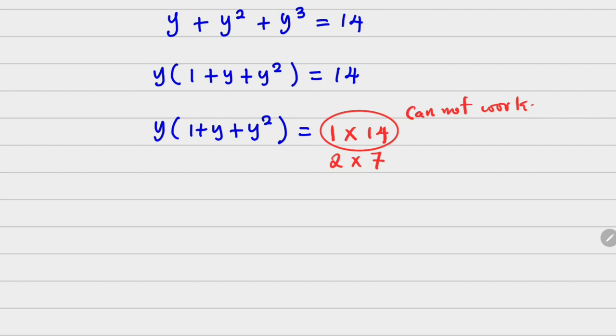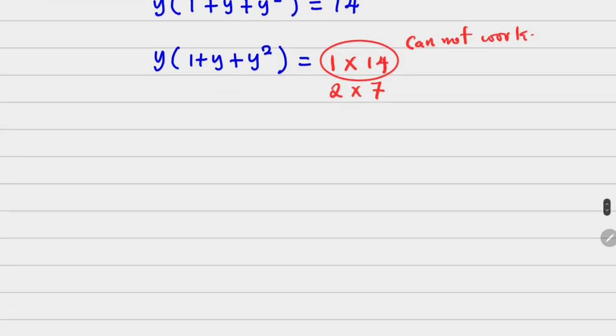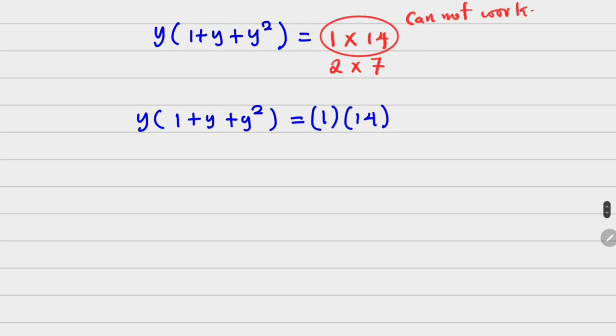Now, let me justify the fact that I said it will not satisfy the equation. If I have y into 1 plus y squared is equal to 1 multiplied by 14, then by virtue of placing this, I can say that my y is equal to 1. Then 1 plus y squared is equal to 14.